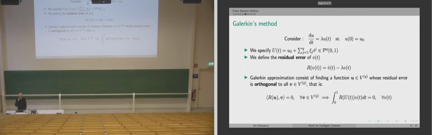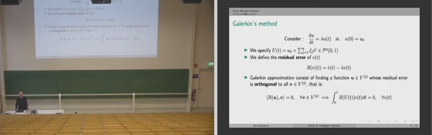The way we write the inner product, as I remember from the inner product of functions, is this way. We integrate the residual error times the function v over the interval 0, 1, and we equate that to 0, and that is for all the possible v functions.